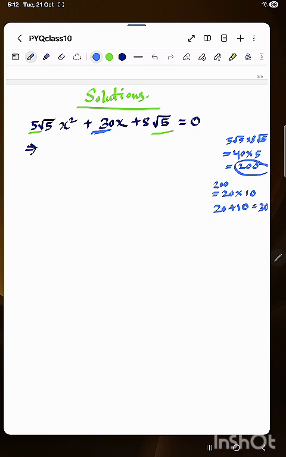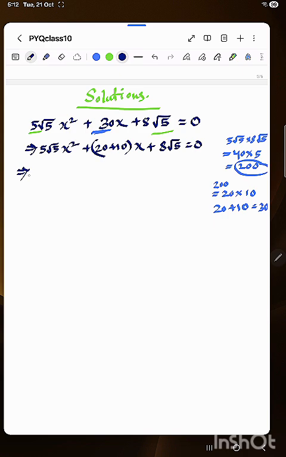So 5 root 5 x square plus (20 plus 10) x plus 8 root 5 equals 0.